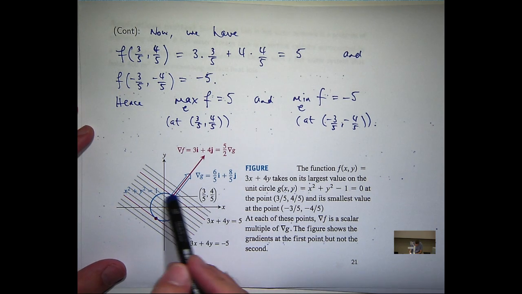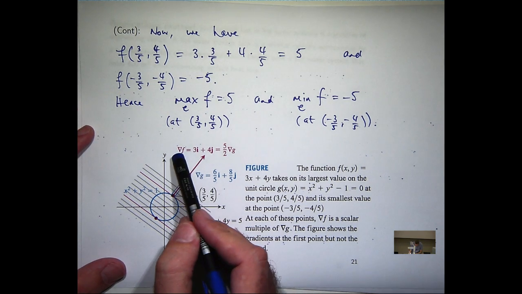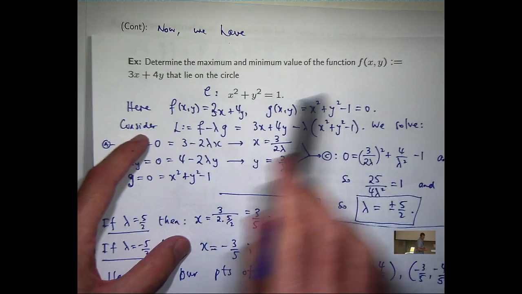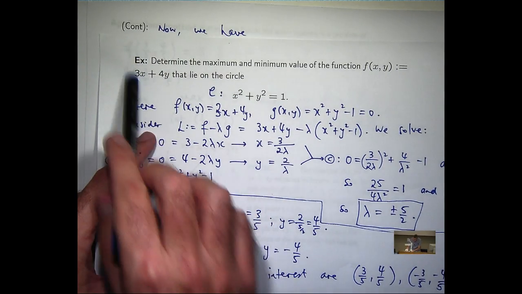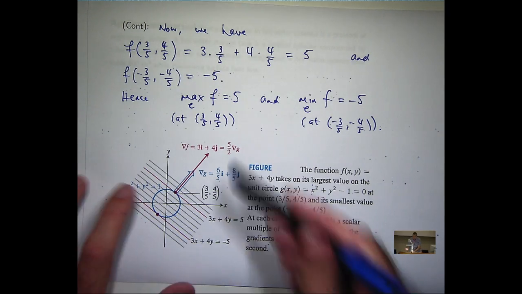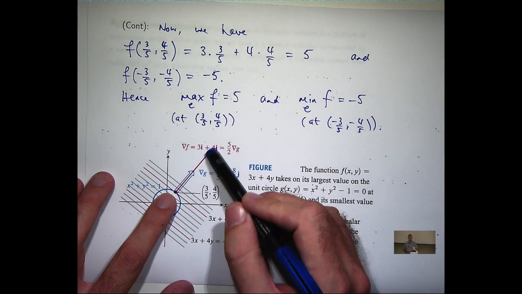At this point, if I draw in the vector grad f, because f was this function here, the gradient of that is just going to be (3, 4) no matter where you are, right? So that pink vector is the gradient.